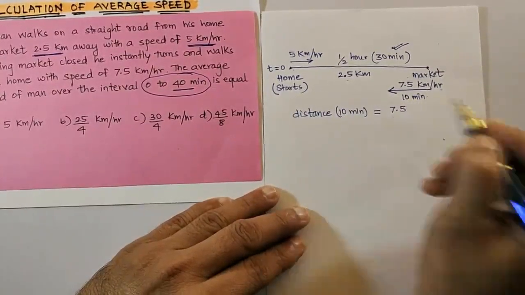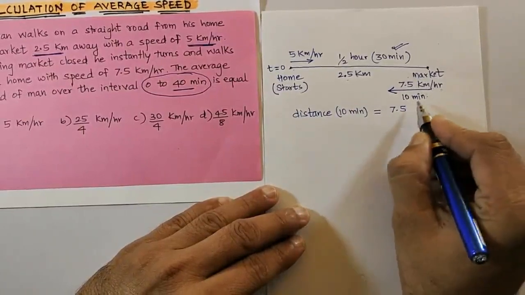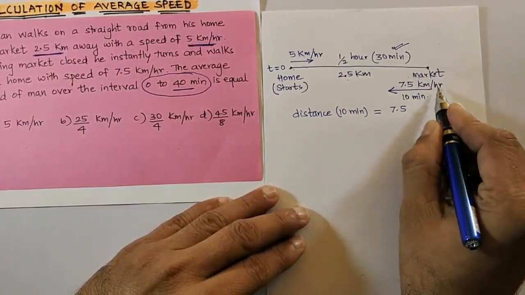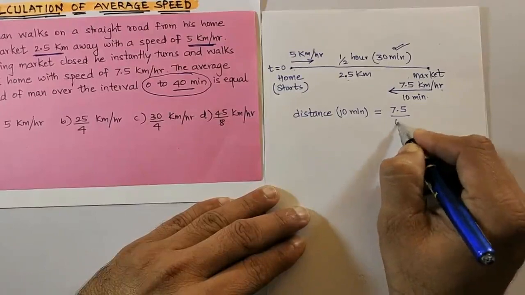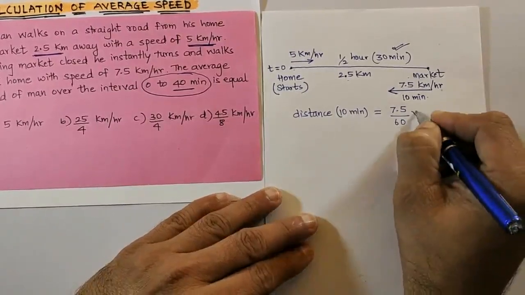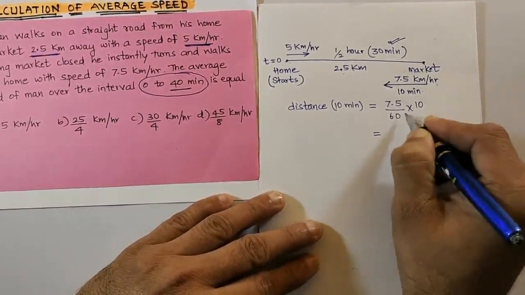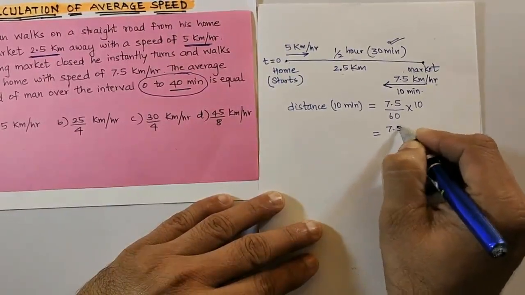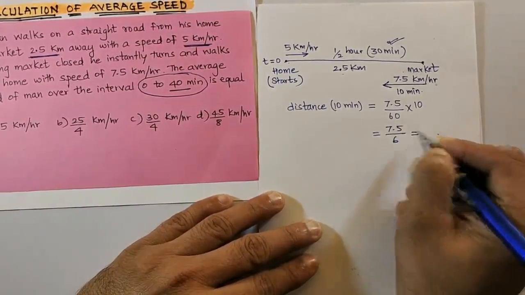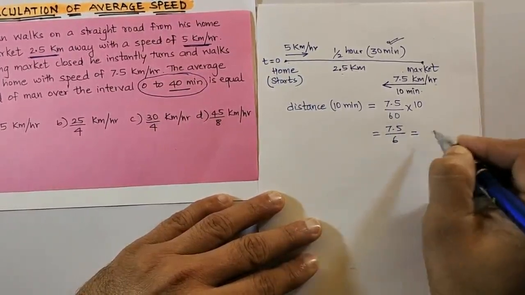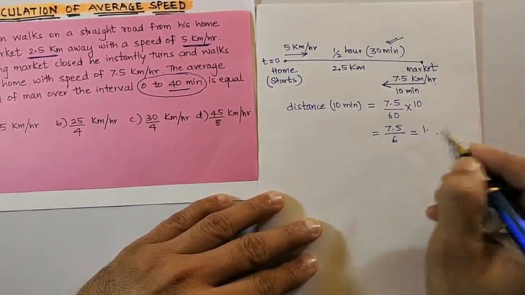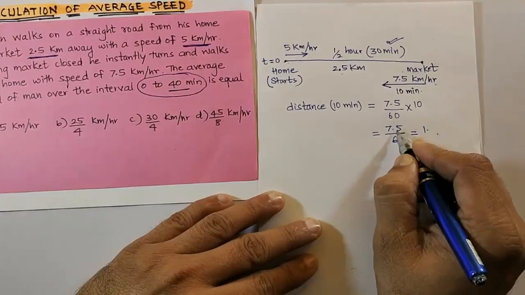So speed is 7.5 km per hour, but here time is in minutes. So I will convert this hour into minutes, that is 60. Time it takes is 10 minutes. So if I simplify, 0 gets cancelled, 7.5 divided by 6. So if we cancel, 6 ones are 6, so 1 remains, 1.5.